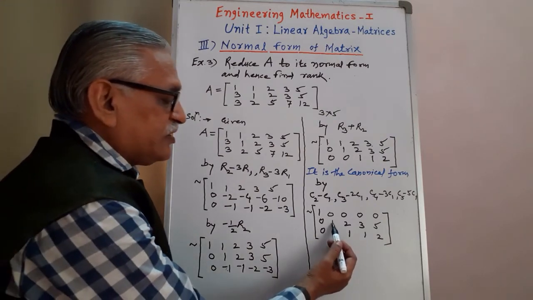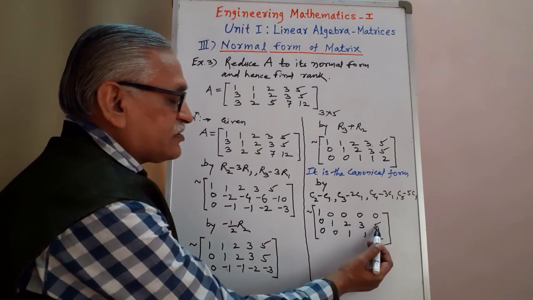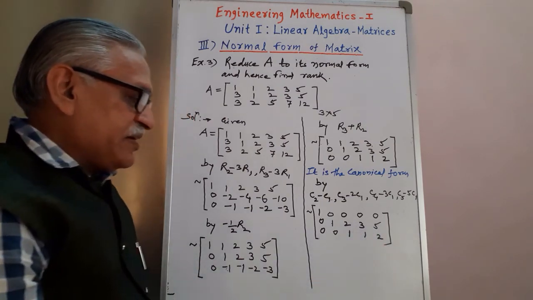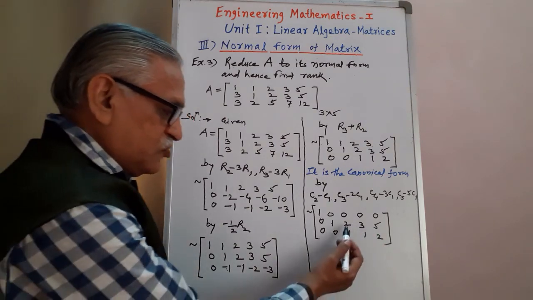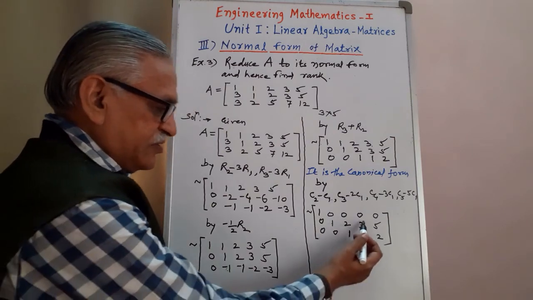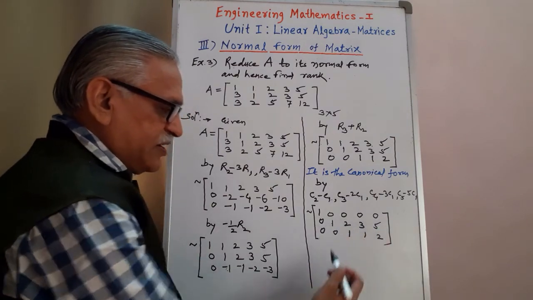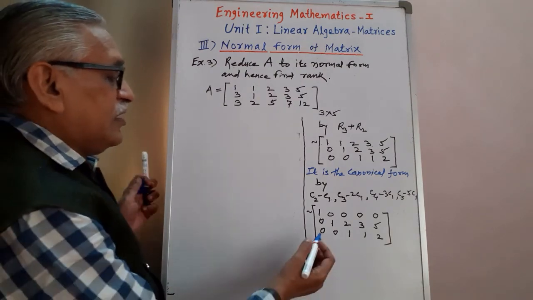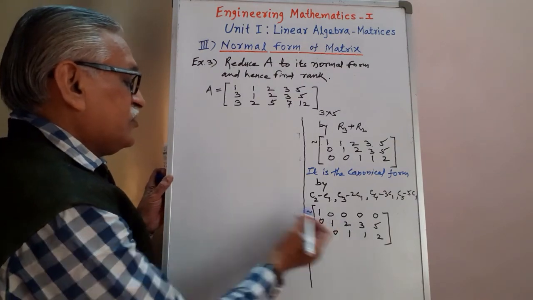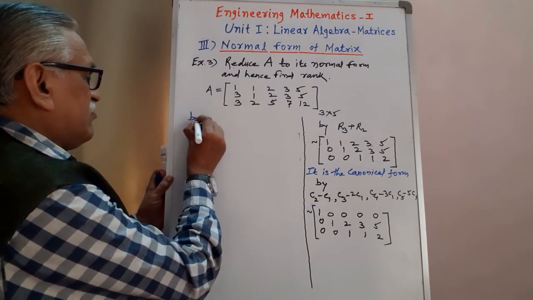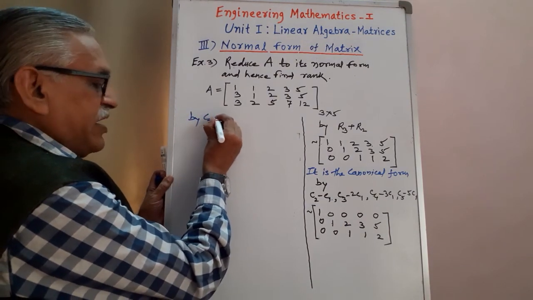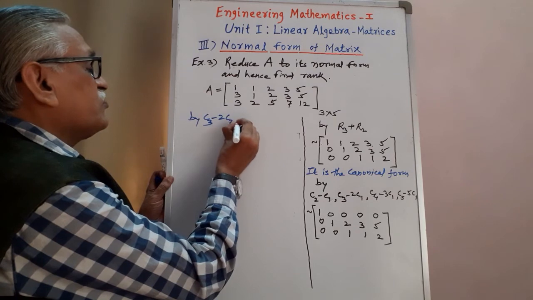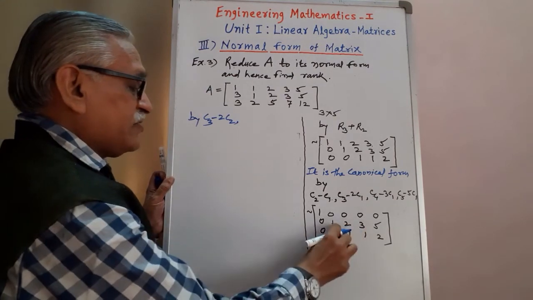Then using this one, we try to convert these elements to 0. 2 minus 2 we get 0, 3 minus 3 we get 0, and 5 minus 5 we get 0. Therefore, using C3 minus 2 times C2, 3 minus 3, 0.